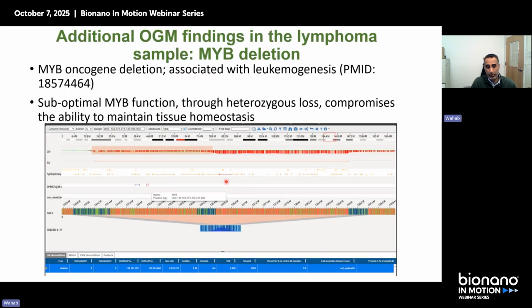We also noted, as it goes, we can always find additional things with optical genome mapping, and in those cases where there's a hematolymphoid gene involved, we were able to ascertain that. In this case, there was a MIB deletion, which is an oncogene associated with leukemogenesis, and that's being shown down here in both the copy number track as well as the structural variant track.